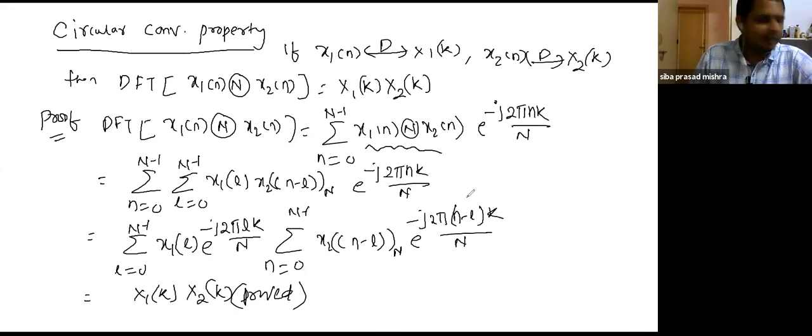Again I am giving 30 seconds to write the proof. If the exam is online, these proofs are not necessary, but if it is offline, these proofs are very important. If people finish, then we'll go to the next property.